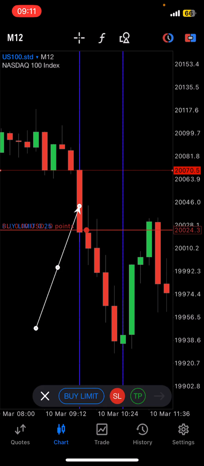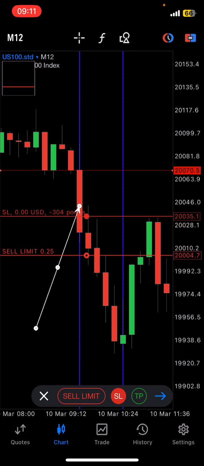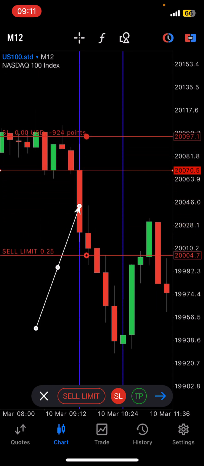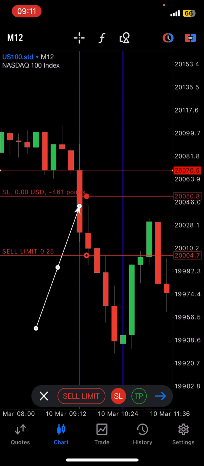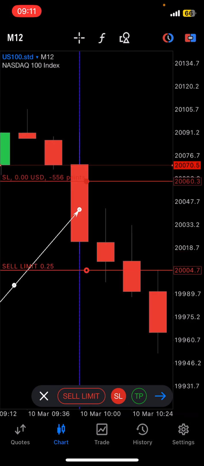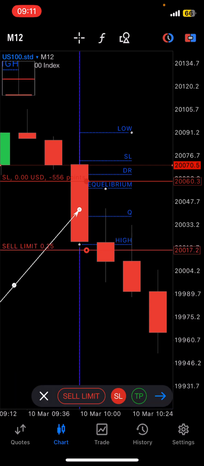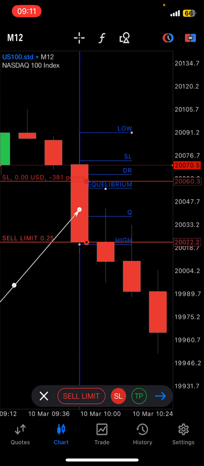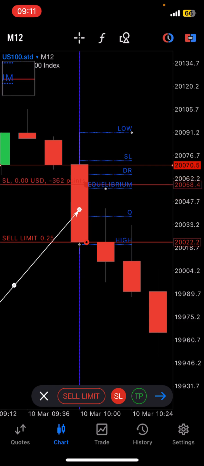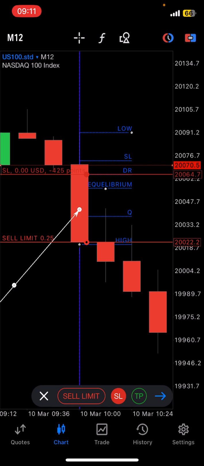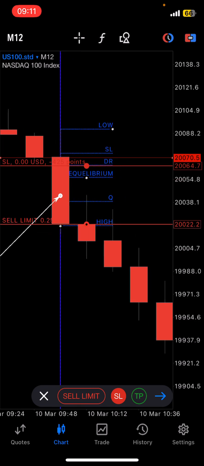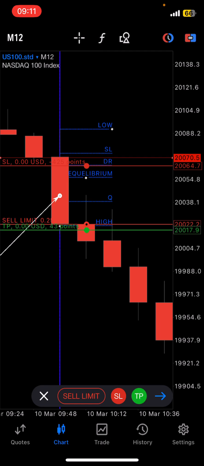Sell right there, and we put our stop loss there, or we can use our Fibonacci to put our stop loss somewhere right there. Because if I take the Fib tool, if this candlestick is too huge for me to put my stop loss up there, I know that I can measure this, and then I will sell there, and then I take this SL, I put it maybe on the equilibrium or right here, because it doesn't have to go there if it's going to go down.